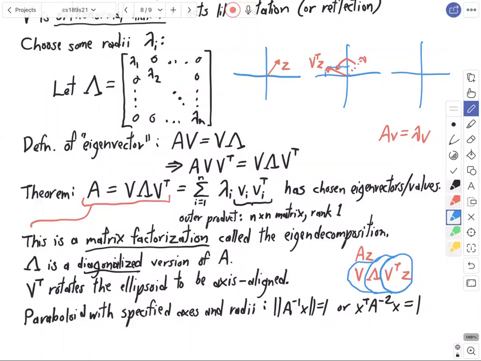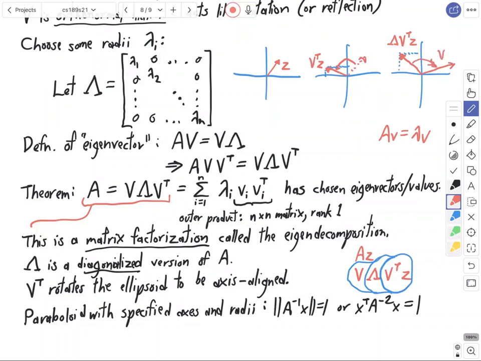So maybe the vertical component gets stretched and the horizontal component, in this case, stays the same, eigenvalue 1. That gives us lambda V transpose Z. And then the very last step would be rotating back by applying V, which undoes the original rotation.